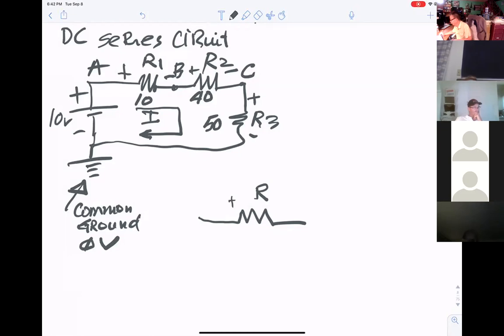Now I give you a resistor by itself, and I ask you whether the left side or right side is positive. Resistors don't have polarity, no? Perfect. No polarity. You have to understand that basic point: the resistor itself has no polarity.